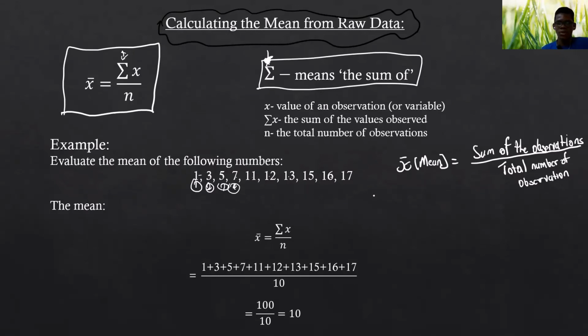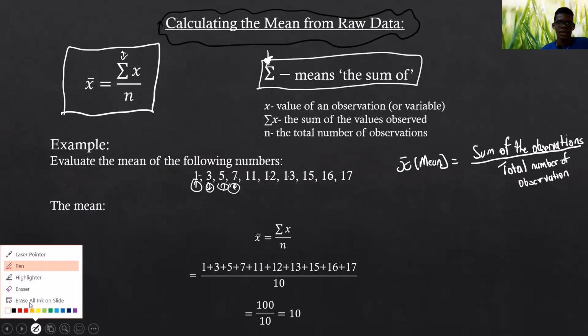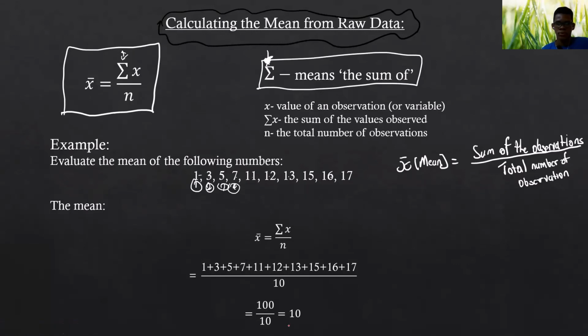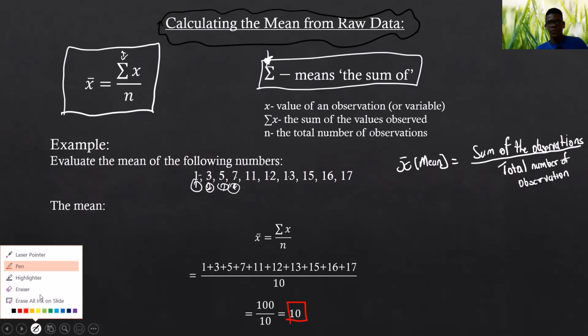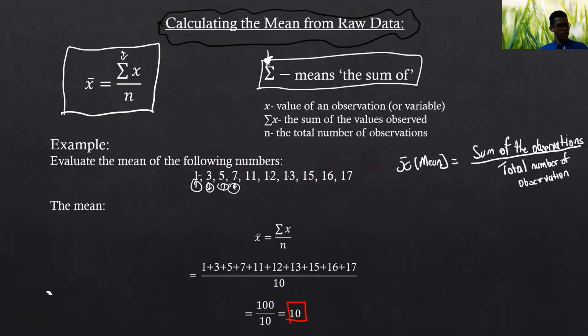So sum this up and divide it by how many numbers there are. That is our average, or mean, right? Or statistical mean, arithmetic mean. And that is it concerning calculating our mean from raw data.